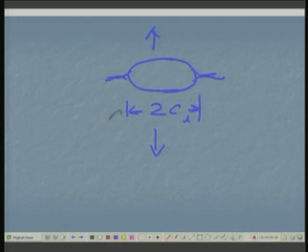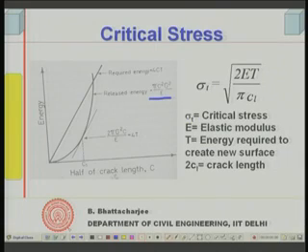The strain energy reduction in a plate of unit thickness due to this elliptic hole was known from the theory of elasticity, and this is the value: pi C square sigma square divided by E, where sigma is the stress that has been applied and E is the modulus of elasticity.